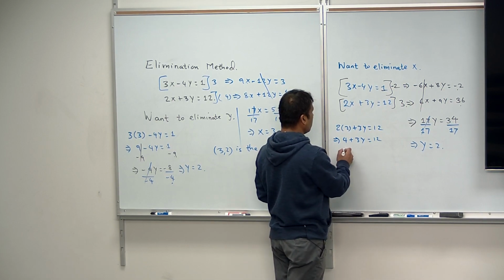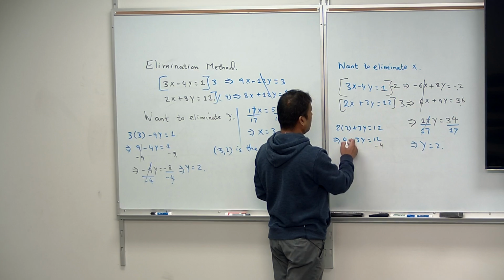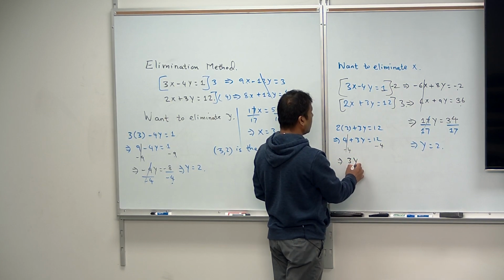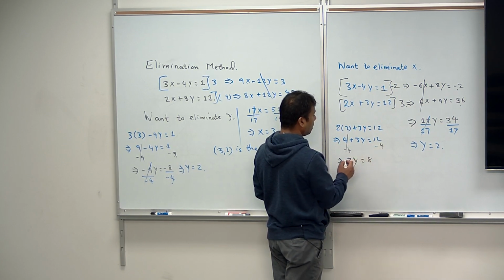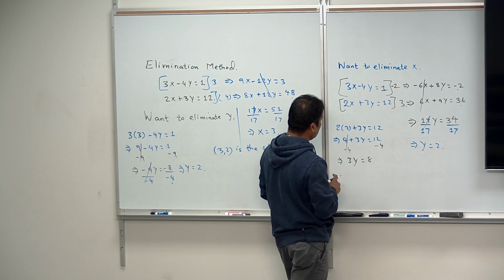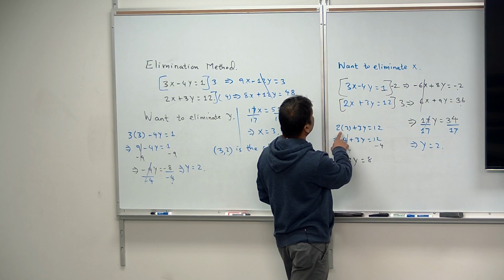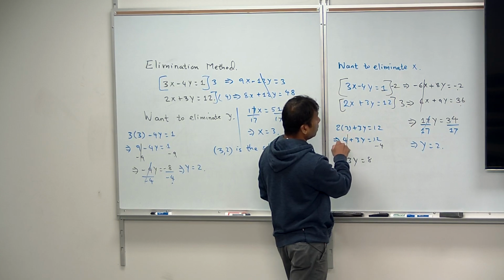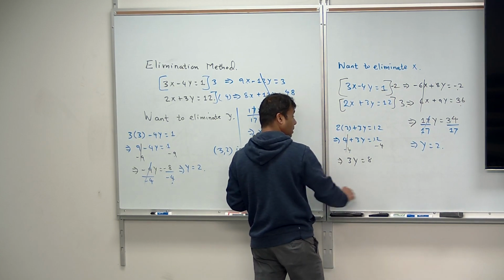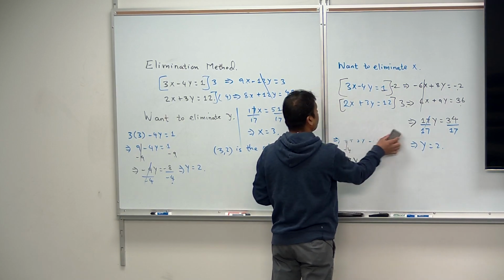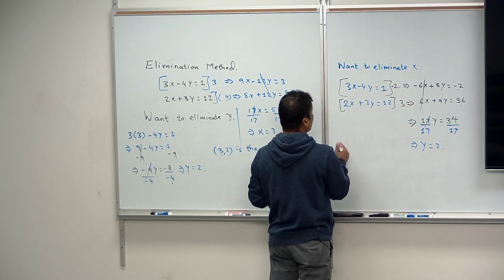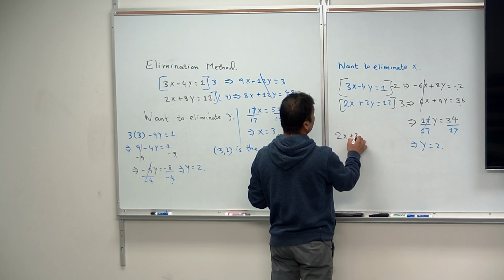Sorry, I made a mistake here. You see that? So you have 2x plus 3y equal to 12.